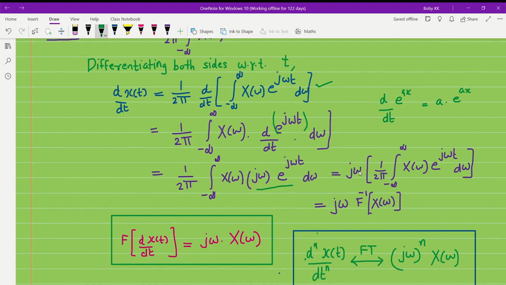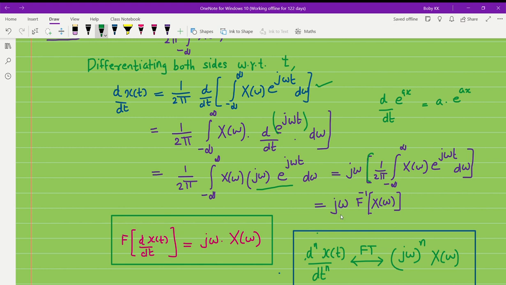So j omega goes to the outside, and the remaining terms we can club together. That is 1 by 2 pi integral minus infinity to infinity X of omega e raised to j omega t d omega, which is nothing but the inverse Fourier transform of X of omega, as per the definition.